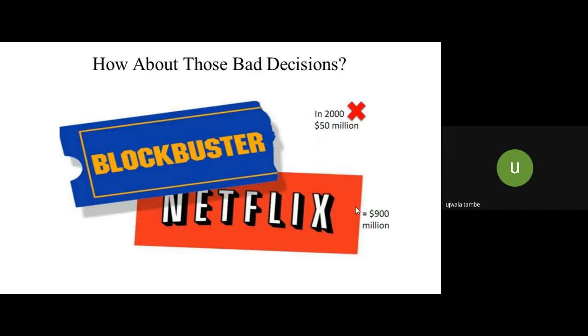The first mistake is that there is a big difference between the product and the distribution. Blockbuster was thinking that what their customers were buying was the experience of walking into a store, picking up a movie and maybe some popcorn.